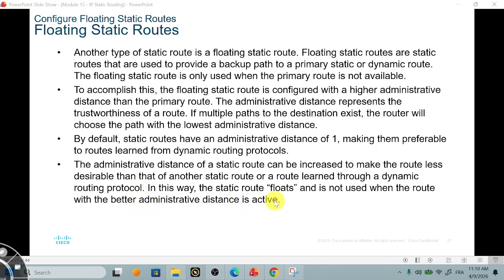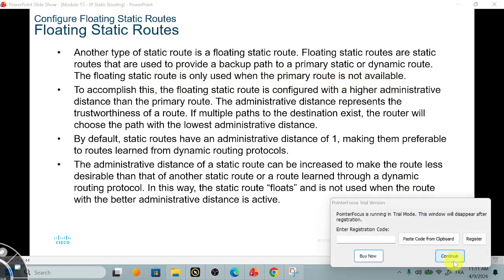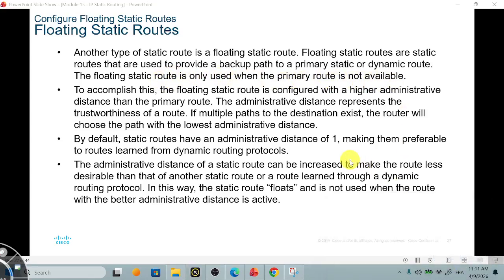So for floating static routes, we should increase their value so the router does not choose them. We only use them when there is no available route. It's only used when the primary route is not available. So they serve as a backup. If there is something disconnected or down, we use the floating static routes.